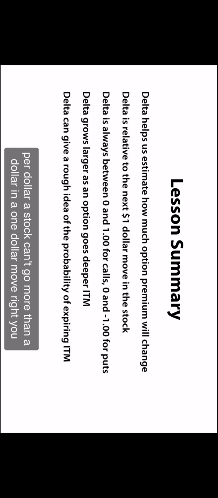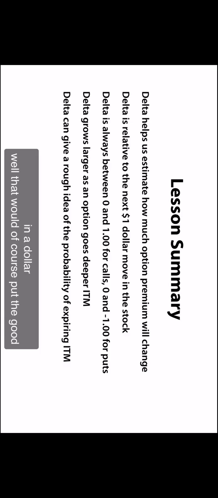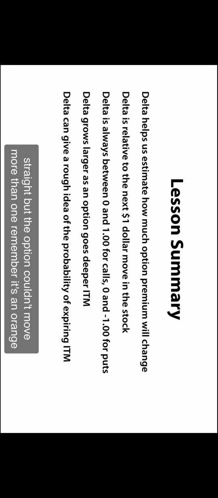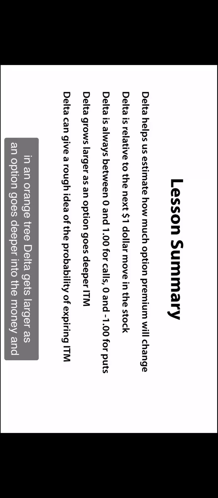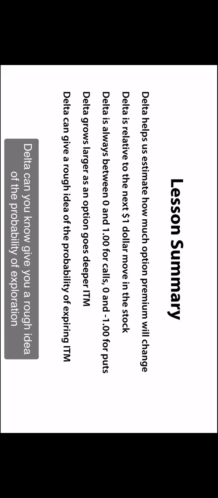A stock can't go more than $1 in a $1 move, right? It's either going to go from 100 to 101 to 102. That's the most it can move in $1. That would put the constraint that the option couldn't move more than one. Remember, it's an orange and an orange tree. Delta gets larger as an option goes deeper into the money, and delta can give you a rough idea of the probability of expiring in the money.